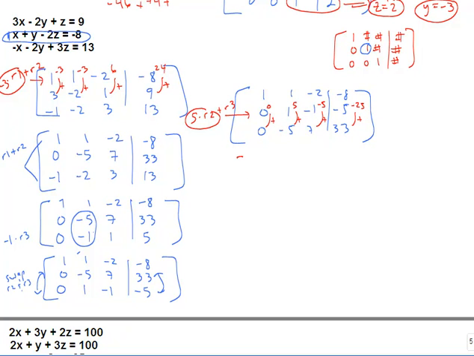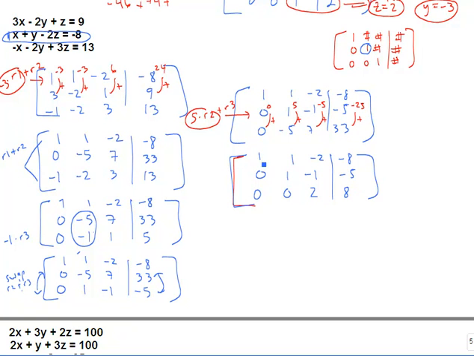So my answer becomes 1, 1, negative 2, negative 8, leaving row 1 the same, leaving row 2 the same, because it has the zeros and the ones that I want to keep, and putting the answer in row 3. 0 plus 0 is 0, 5 plus negative 5 is 0, negative 5 plus 7 is 2, and negative 25 plus 33 is 8.